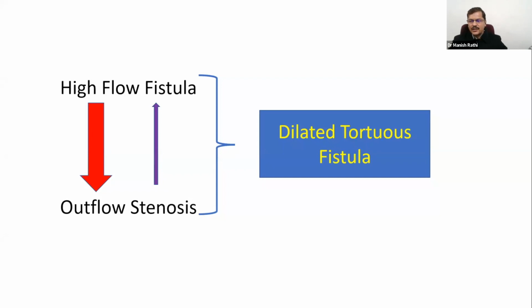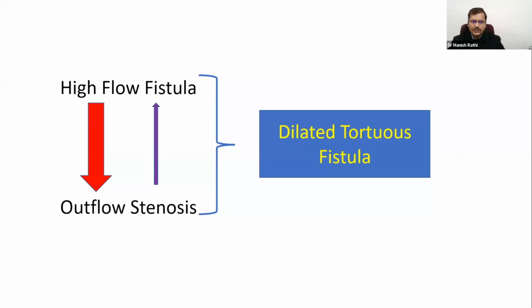Now, which one is leading to what? This is my hypothesis. It may not be proven scientifically, but what I feel is that it is predominantly high flow fistula which results in venous stenosis. Why? Because high flow fistula causes more damage to your endothelial cells because of the pressures, and this kind of stenosis especially occurs at branching sites or where the vein takes a turn, where there is a lot of turbulence.